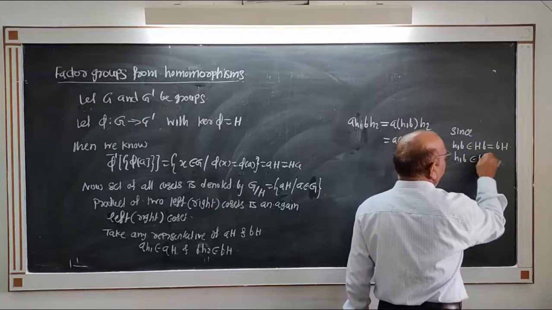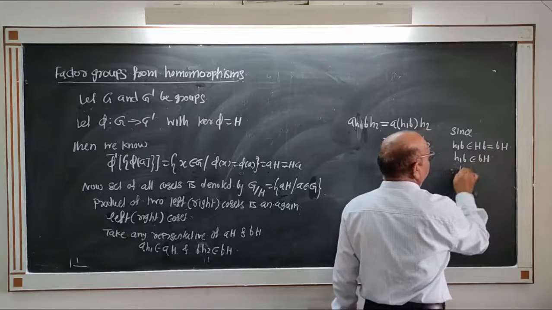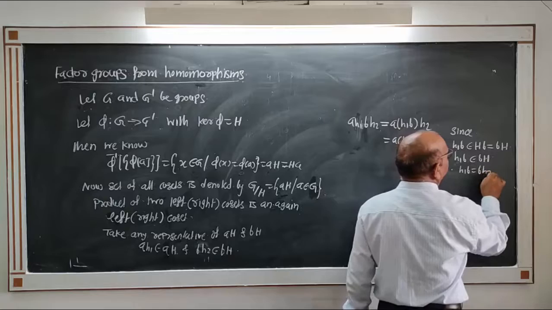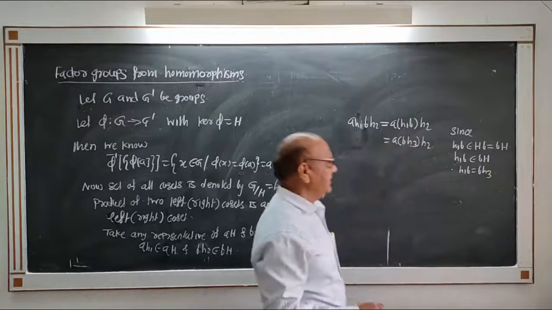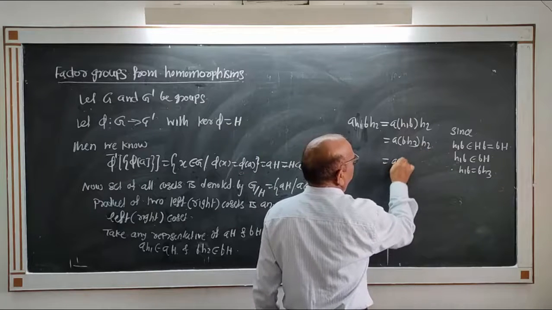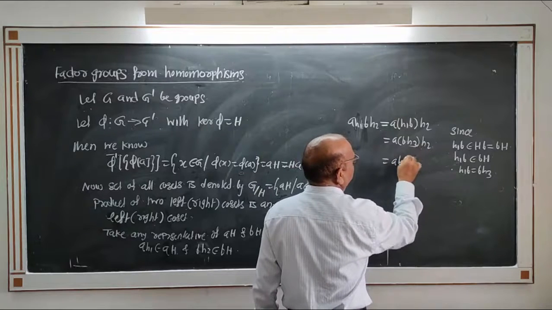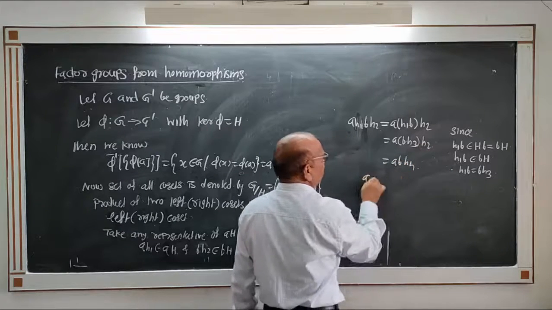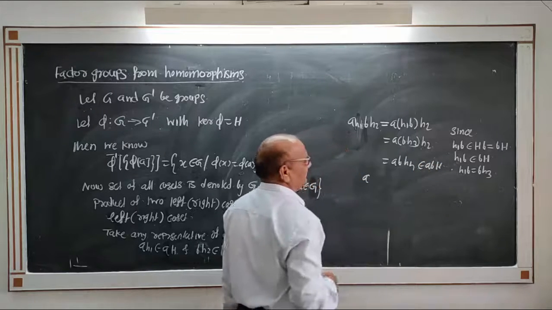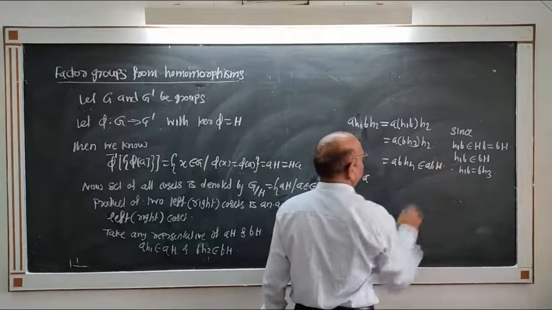So h1b belongs to bH, and therefore h1b is equal to bh3, and this is equal to ab h4, which belongs to abH.